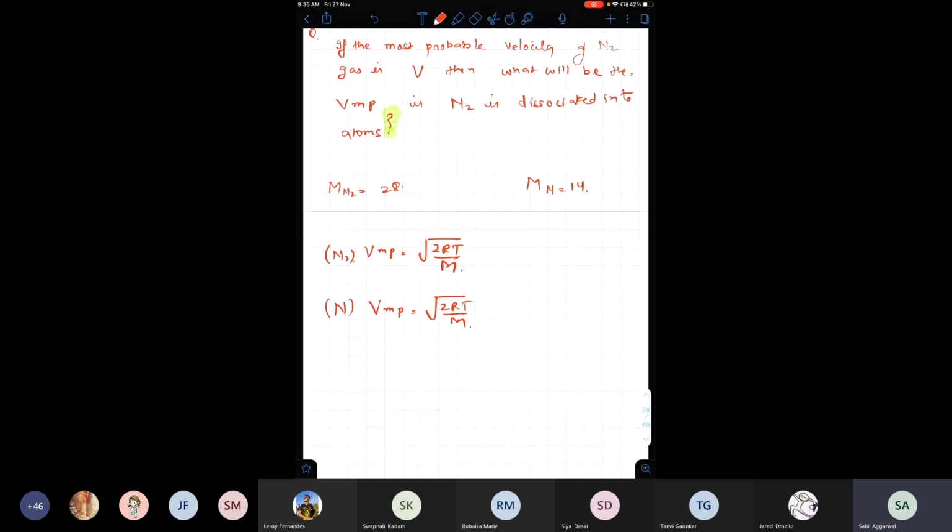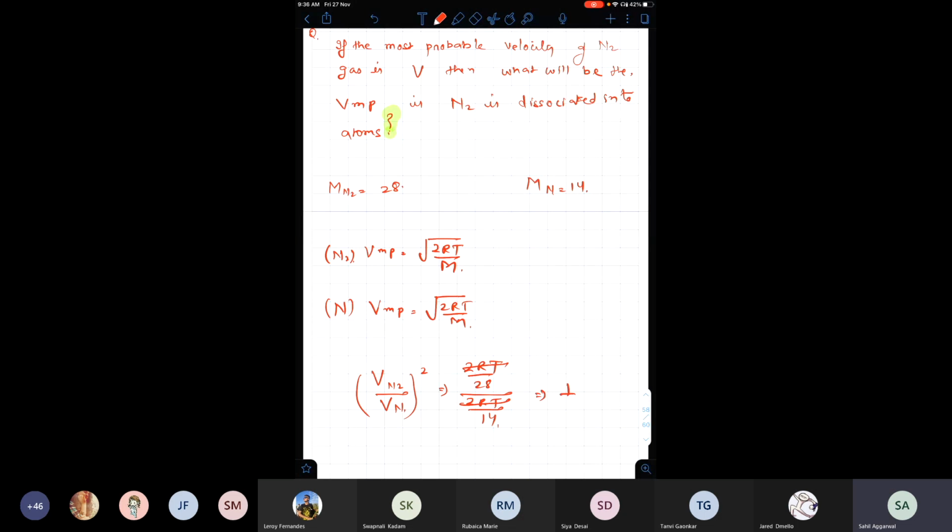Take the ratio of both of them. तो हो जाएगा V of N2 by V of nitrogen का whole square is equal to 2RT by 28 divided by 2RT by 14. ये कट जाएगा.